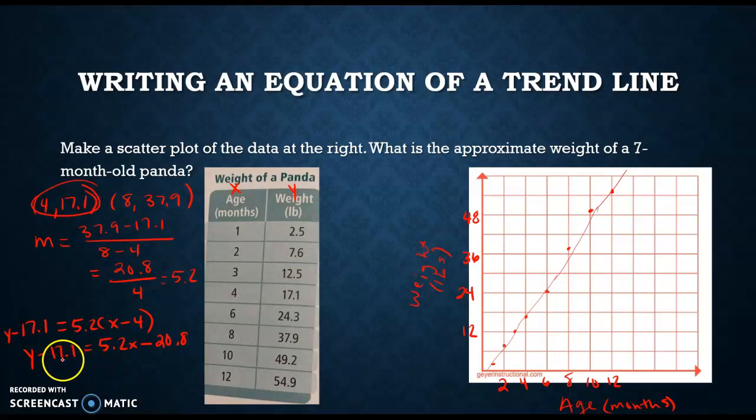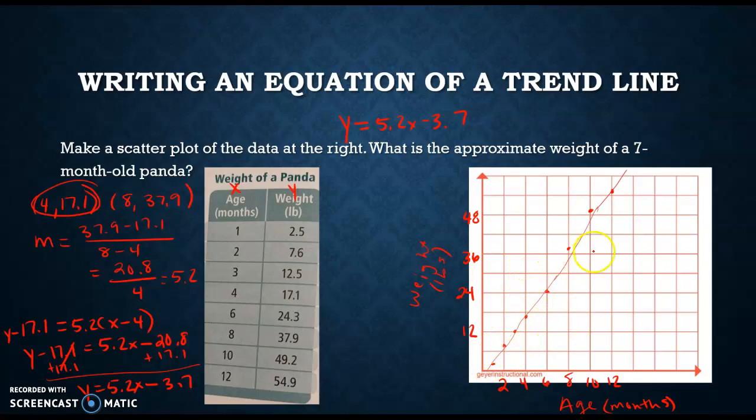From here, I'm going to add that 17.1 to both sides. The 20.8 is the bigger number, so that will still be subtraction. y equals 5.2x minus 3.7. And so that's our equation for this line: y equals 5.2x minus 3.7.